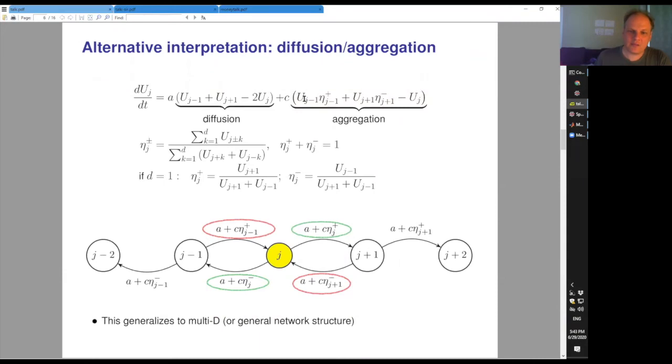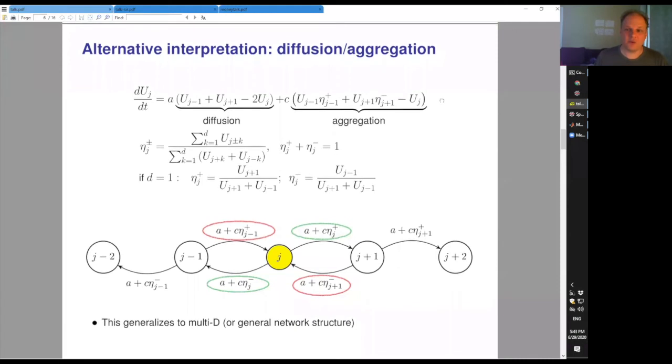And so the way to understand it is in the same way. Here you have the bacteria to the left of J moving towards J with this rate, and this rate corresponds to the fraction of bacteria to the right of J minus 1, etc. So that's a relatively simple model that one gets.